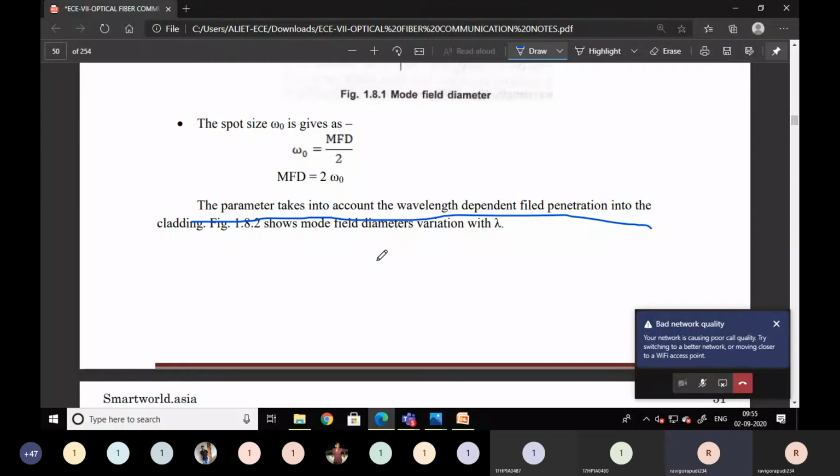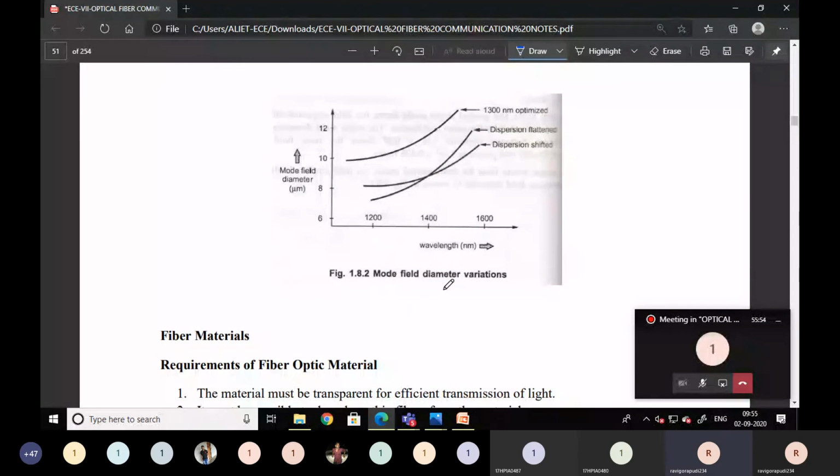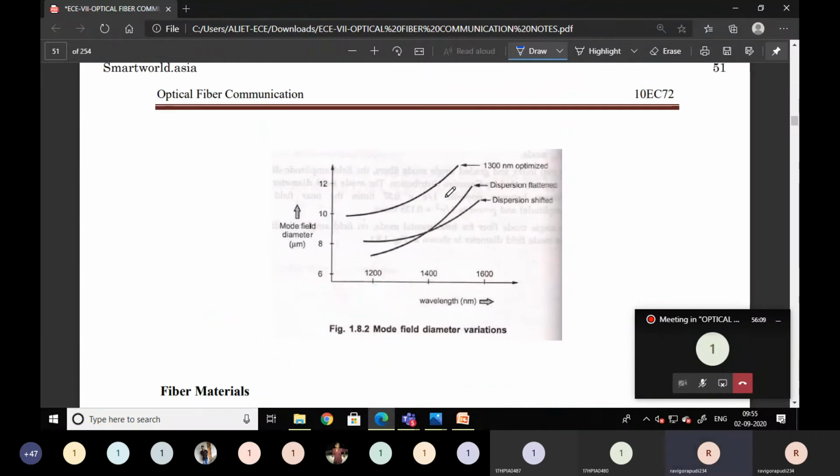So MFD variation, mode field diameter variation with respect to the wavelength, as wavelength is increasing. For example, at 1300 nanometer, the penetration is like this, and dispersion flattens, dispersion decreases, dispersion shifts. Like this, we have some distributions.